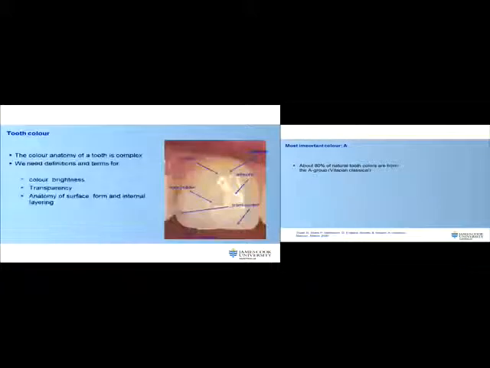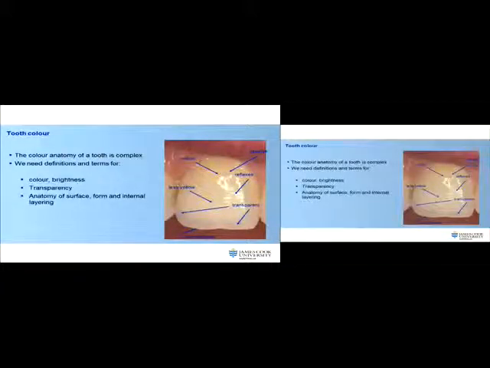If we look a little bit closer at a tooth, we can see that color is not uniform. So we have seen marginally color is more opaque and yellow. And if we go to the incisal edge, we will have less color and more translucency.